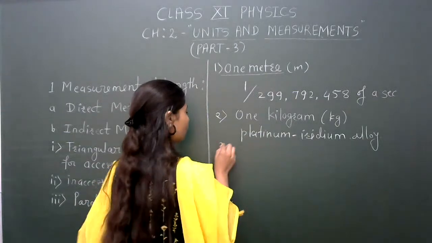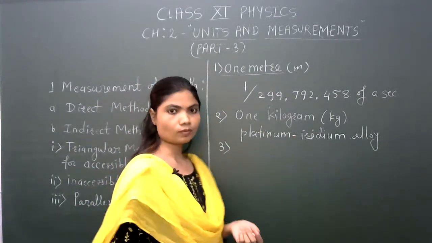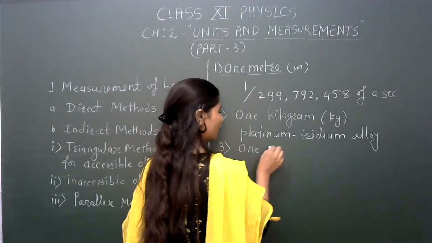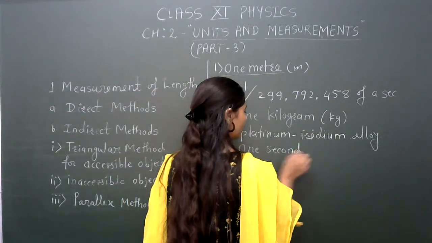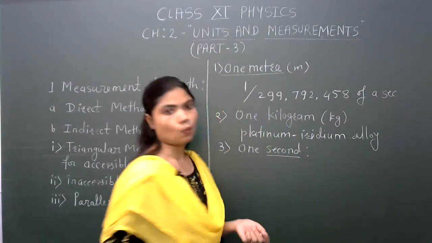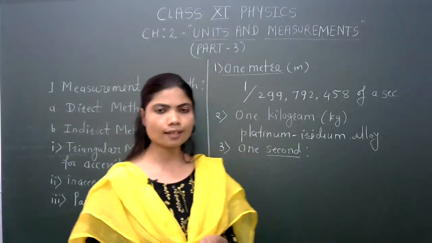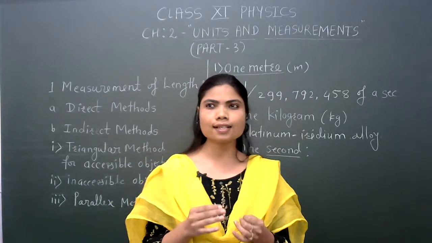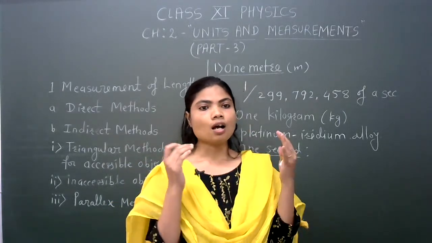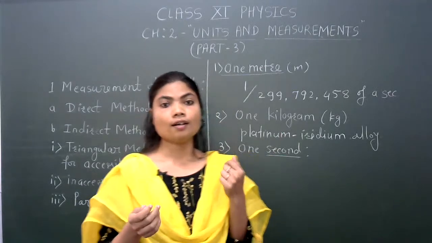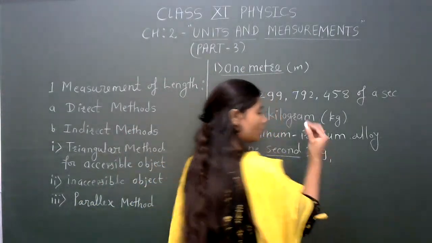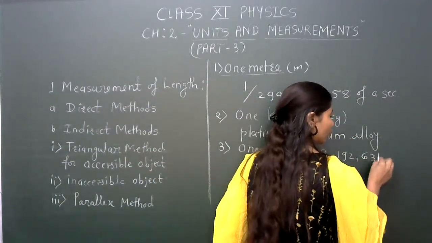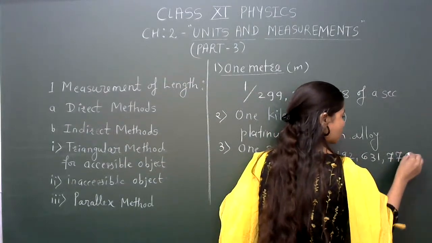And next to that, we will define 1 second. Of course, it is a unit of time. Now we will try to define 1 second. 1 second is defined as a period of 9,192,631,770.